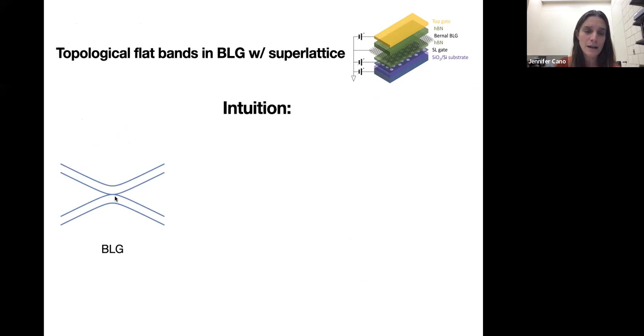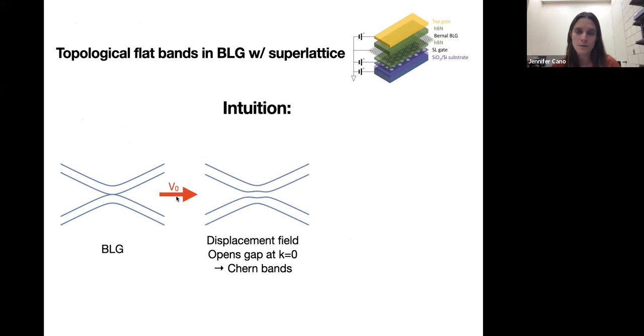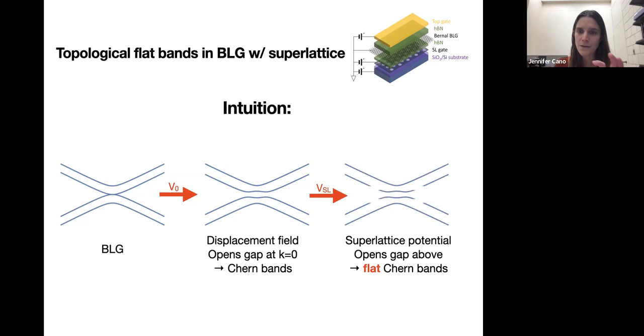Bernal-stacked bilayer graphene realizes these quadratically dispersing bands. If you apply a displacement field, which is a perpendicular electric field, you can open a gap at the Dirac cones, and you also flatten the bands a little bit. And then finally, if you apply the superlattice potential, I've just drawn it sketchy here, you open up gaps at the corners of the Brillouin zone.